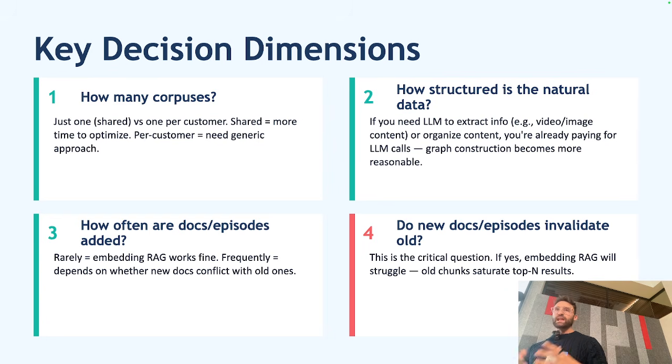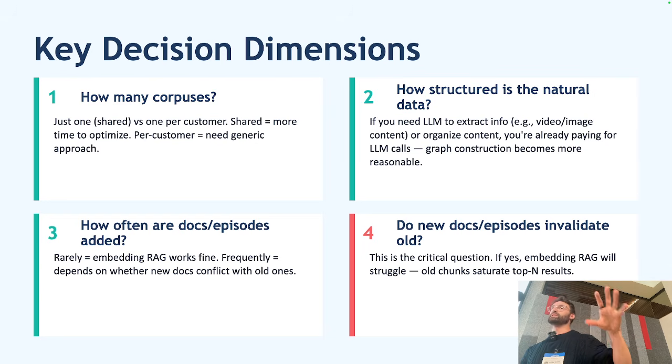And the last thing is the frequency at which new data is added, and if it's possible for new data entries to invalidate old information. So if you're going to constantly be adding new information, like is the case with a workplace, people are going to be writing new PRDs, TDDs all the time, and every single one of those could possibly invalidate the claims made by earlier documents.